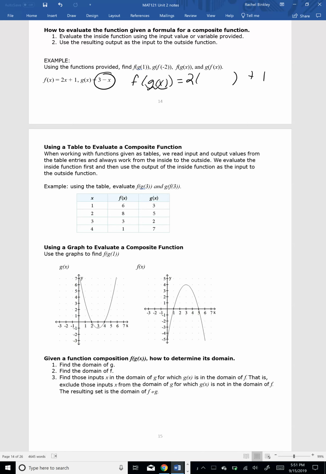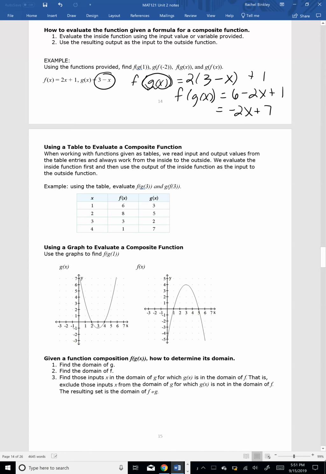Instead of x right here, we have g of x. So instead of just x, I'm going to put 3 minus x. And I can simplify this, and I think they probably want you to. It is going to be equal to 6 minus 2x plus 1, which is equal to negative 2x.